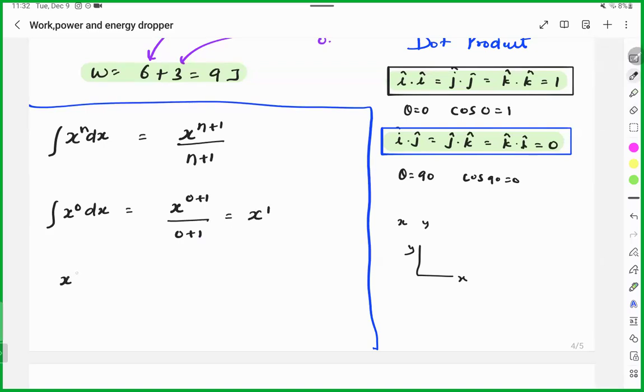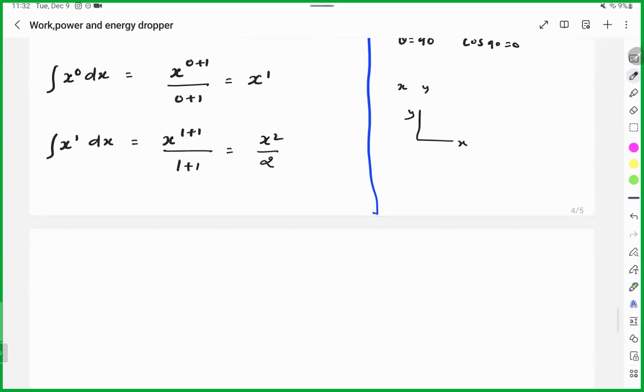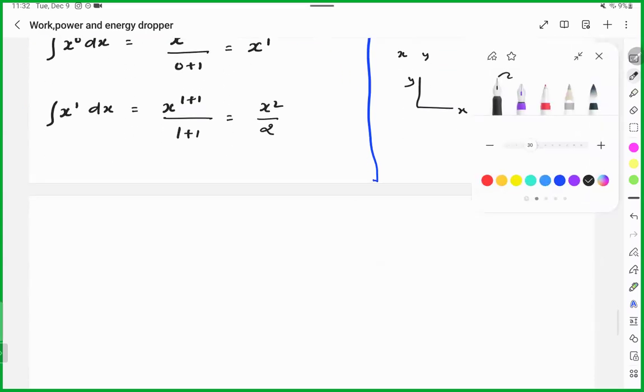If you have power 1 already, use the same formula: x to the n plus 1 divided by n plus 1. Can we say it will be x square by 2? Any doubt, guys? No, sir. If you understand this really well, now we can solve this question.